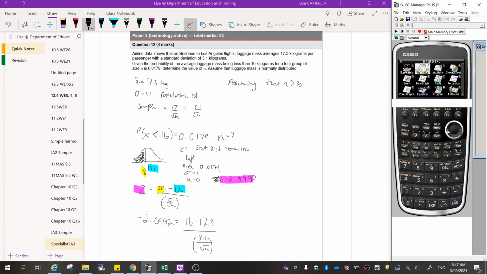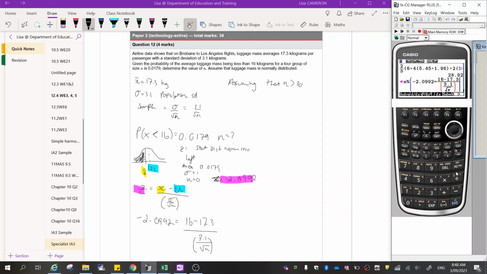Now, we're going to go menu, options, calc, solve n, my favorite button. Negative 2.0992, shift equals, fraction button, 16 minus 17.3 over bracket, fraction button again, 3.1 over square root, nope, sorry, delete x, my bad.